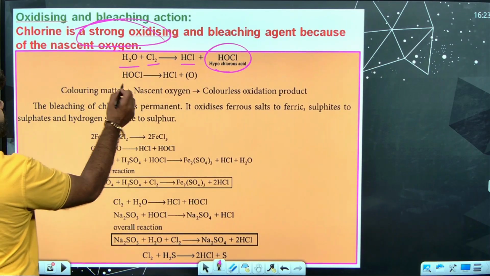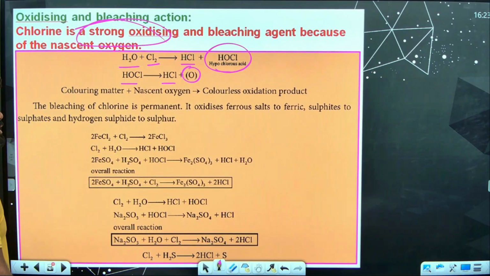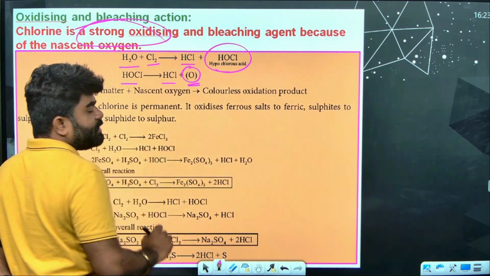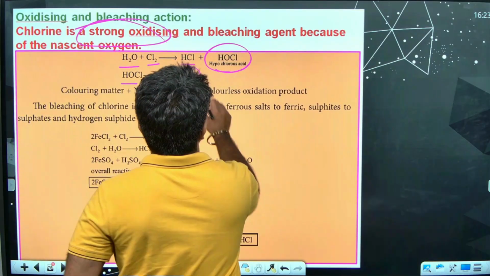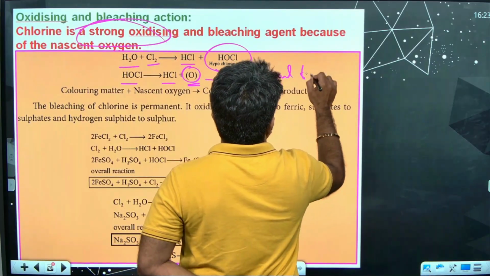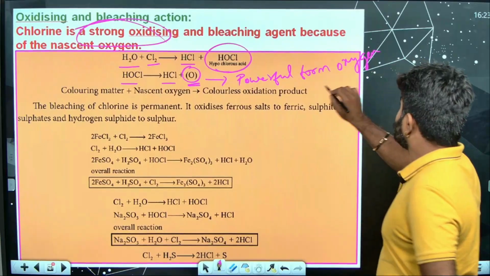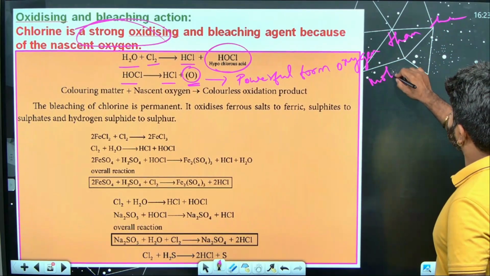This HOCl further dissociates to give HCl and nascent oxygen. Using this nascent oxygen, chlorine oxidizes substrates. So nascent oxygen is nothing but a more powerful form of oxygen than the molecular oxygen.